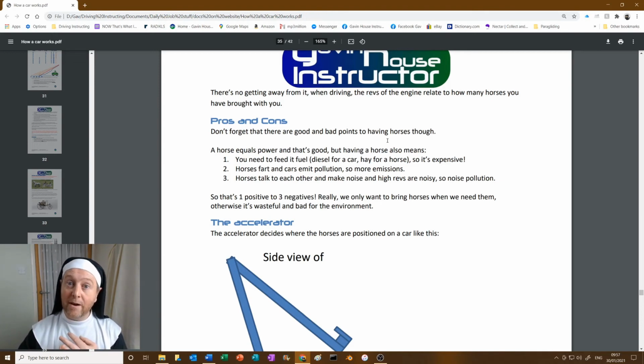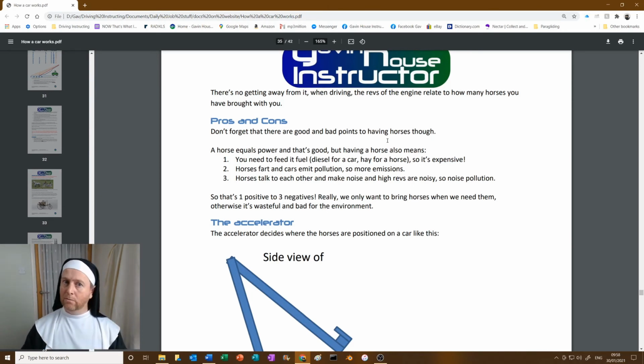One horse in a field is very quiet. Just like a car, if you have a car at low revs going past you, you can hardly hear it. But when you've got a car screaming, you can hear it from miles away. So the higher the rev, the more noise pollution we get as well. So you get more pollution, it costs you in your pocket because you're burning more fuel, but you do get more power.